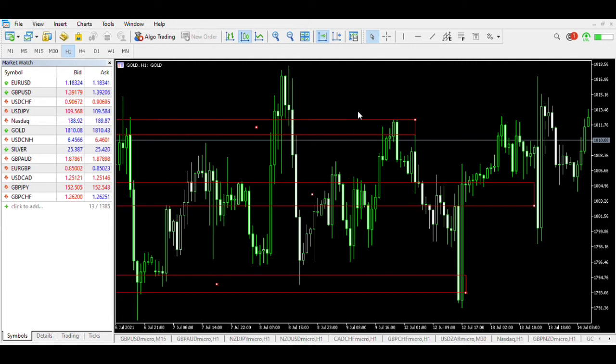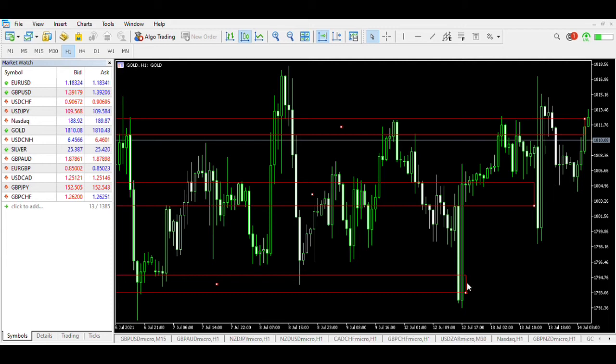So if price breaks on either side, let's say price decides to break and come back to retest here, this is where we would be entering a buy, because we would be anticipating that the price will be moving up because it broke that resistance structure that was formed here. So if price breaks above this area and comes back to retest, we can then think about executing a buy trade.